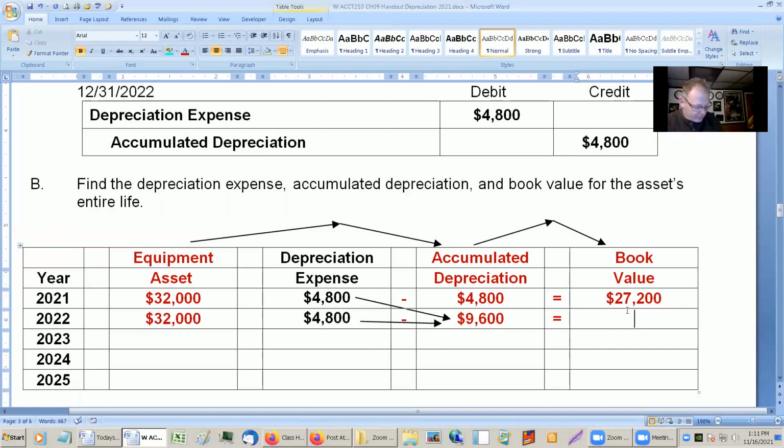My calculator stopped working. Okay, 32,000 minus 9,600. 22,400. Yes. Okay.